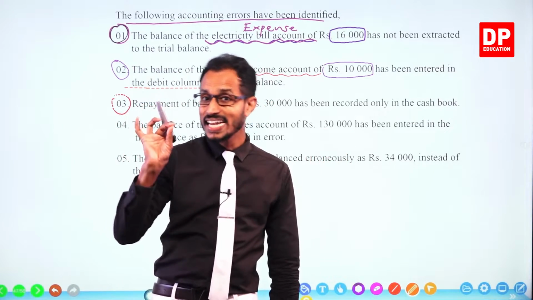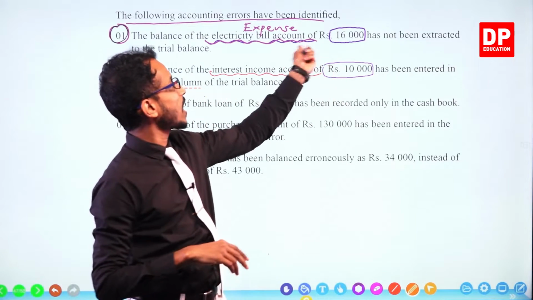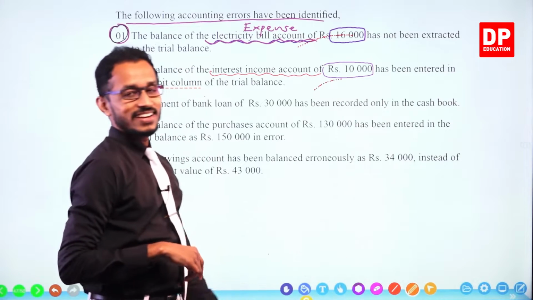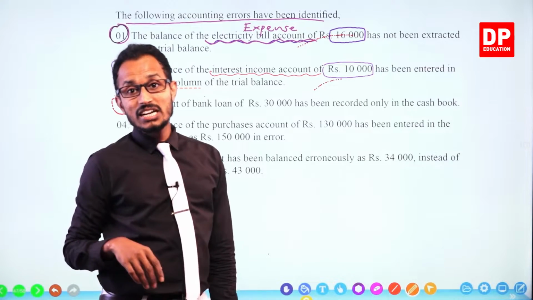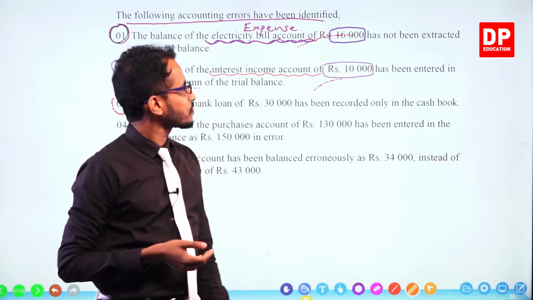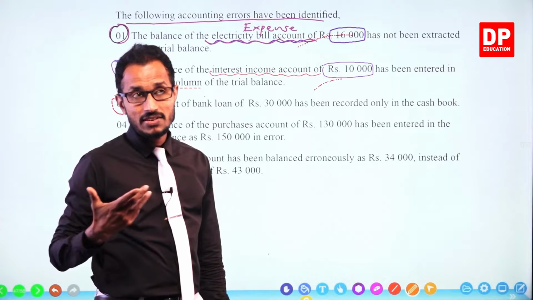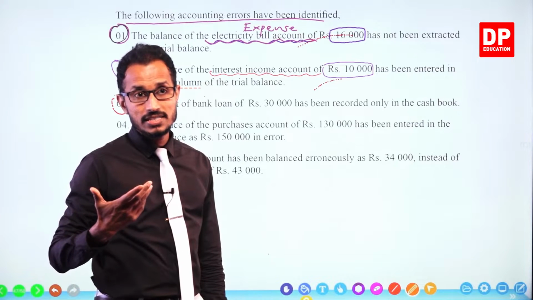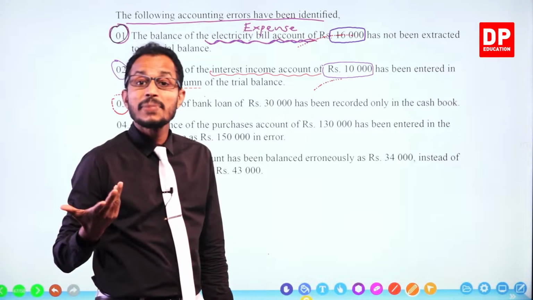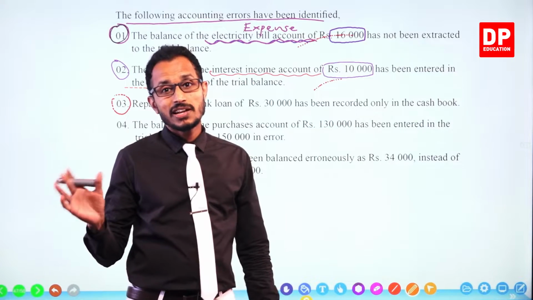So, for that error, there should be a double entry, not like this one and this one, the confusing ones. Well, for most of the people, but now it's not confusing. The errors which have happened in the trial balance have only one entry.